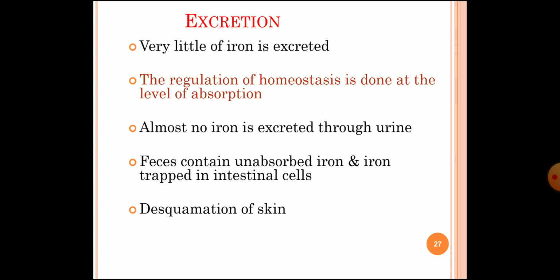So our superficial skin cells are desquamated daily, in small quantities. During that desquamation of epithelial cells, iron may be lost, a very little amount. Then any bleeding, menorrhagia, females during the menstrual period, or any gastric bleeding or intestinal bleeding, iron also will be lost from the body.